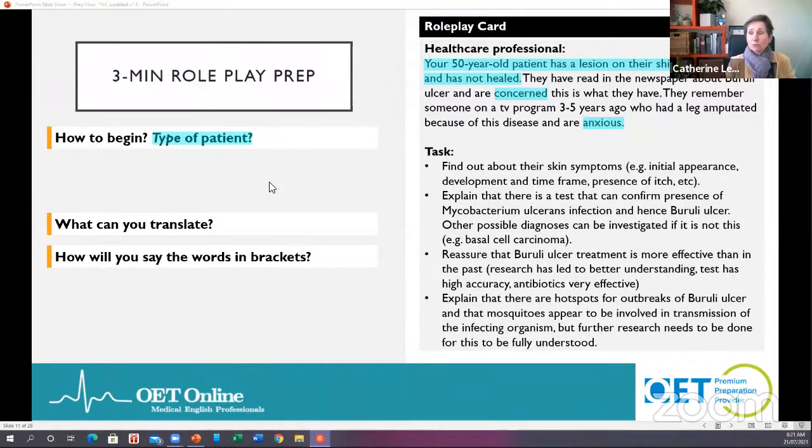So we're going to be able to reassure them all the way through the role play about that, when it says to reassure, but also at other times. If we notice that they're worried, we can reassure them. So let's think about how we might begin this role play.